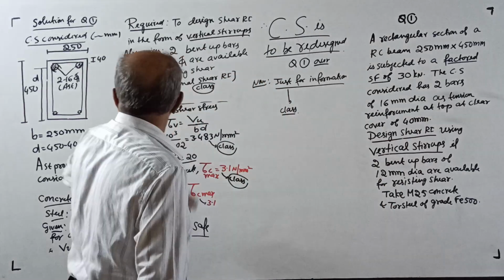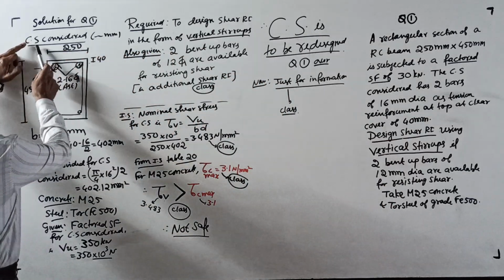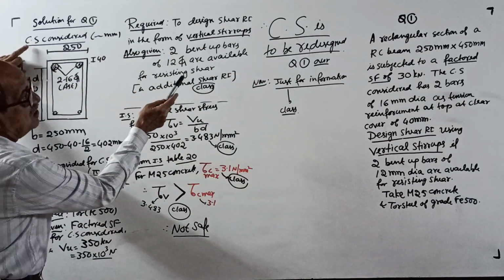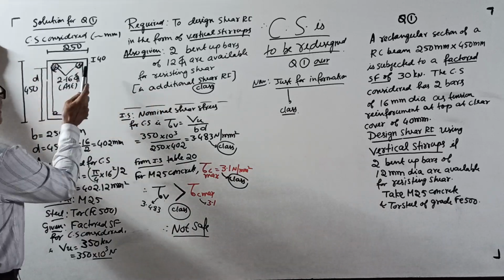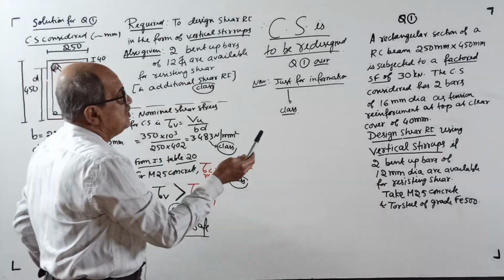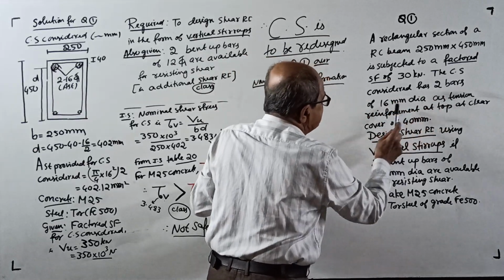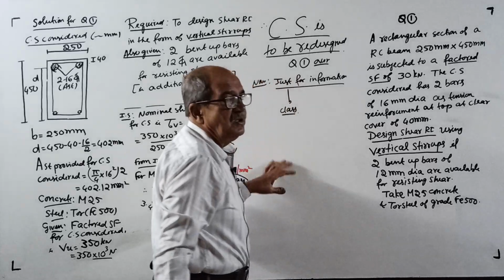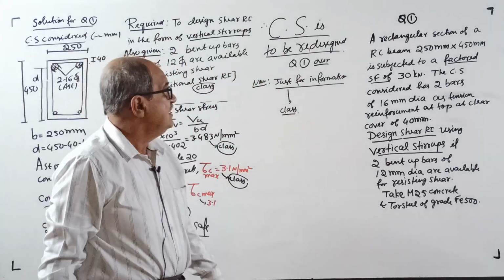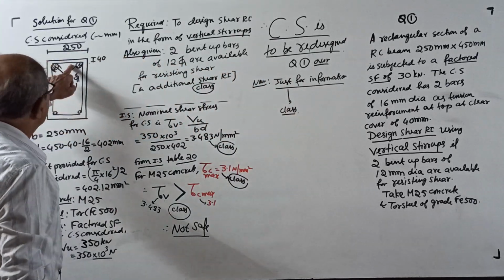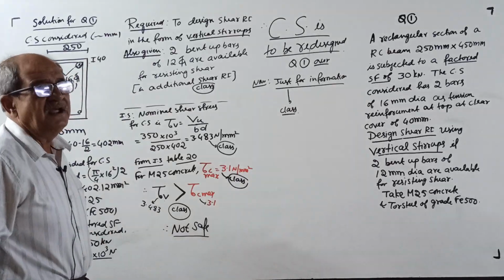I will start the solution. Solution for question 1: cross section considered 250 by 450, and it is told the cross section has 2 bars of 16 mm diameter as tension reinforcement at the top. That clearly means tension reinforcement at the top. So not required. Understood.